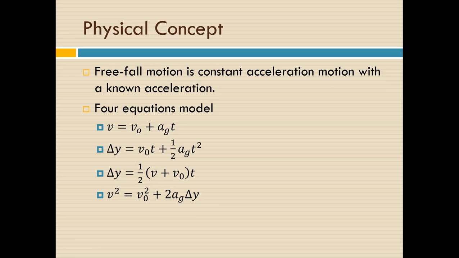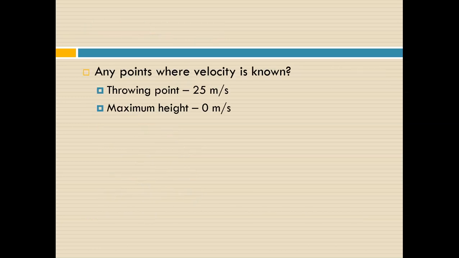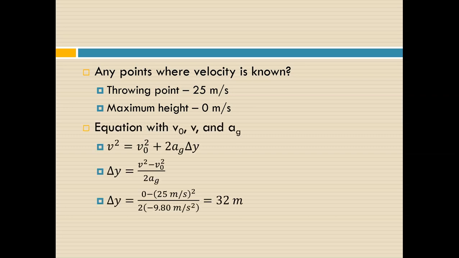Okay? All right, so let's take a look at that table again. We look at the table and we see that at the throwing point, the velocity upward is 25 meters per second. At the maximum height, the velocity is 0. We know the acceleration, therefore we now know 3 of the 5 variables.